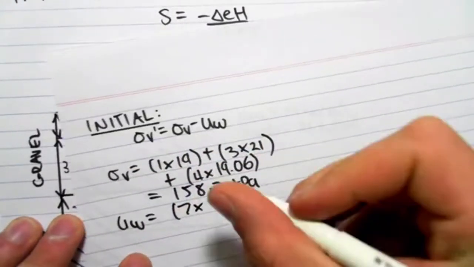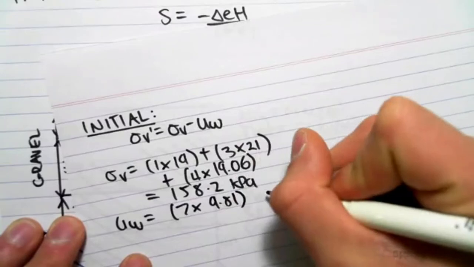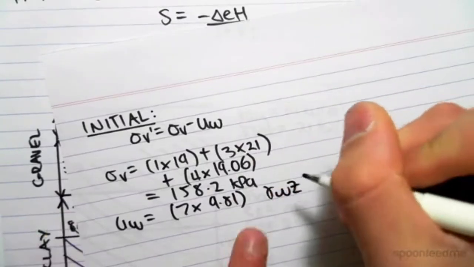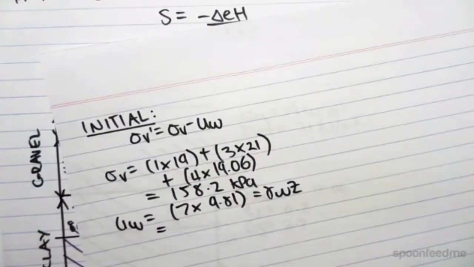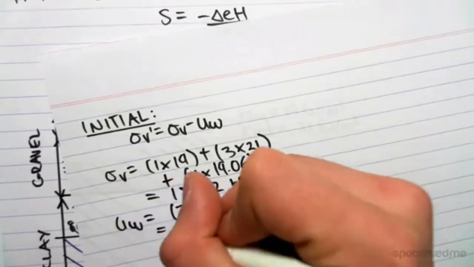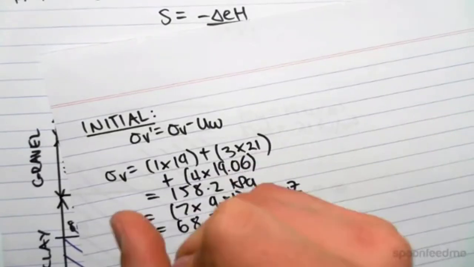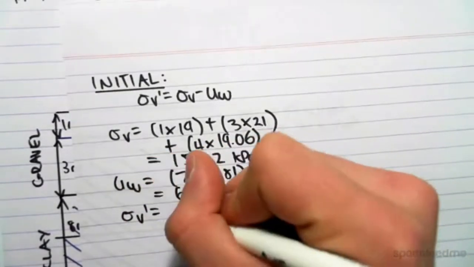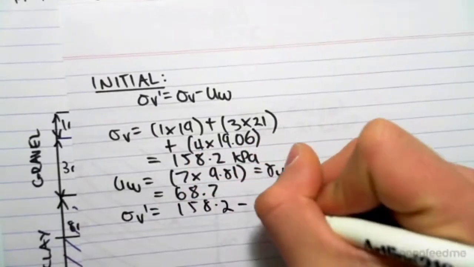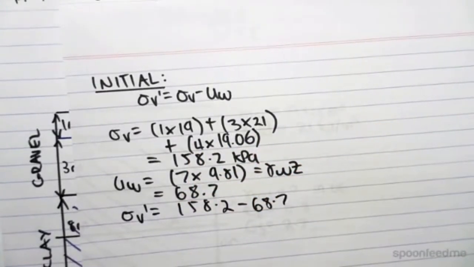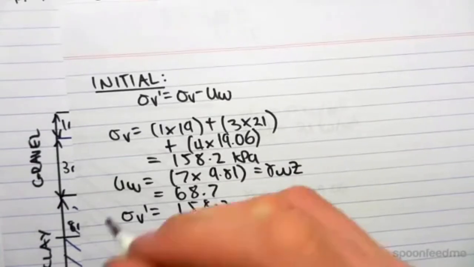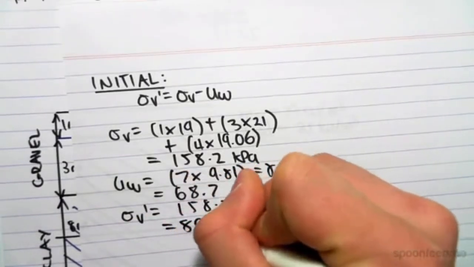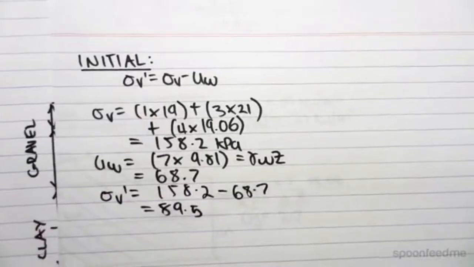So it would be 7 by 9.81, because this is gamma w times z, which equals 68.7. Which means we can find our effective stress of 158.2 minus 68.7, which is 89.5. So that's the initial conditions.